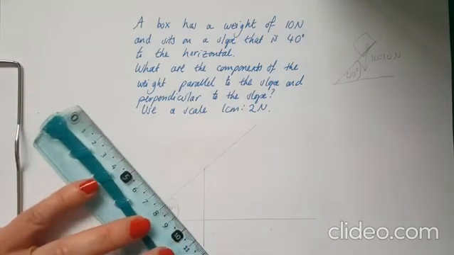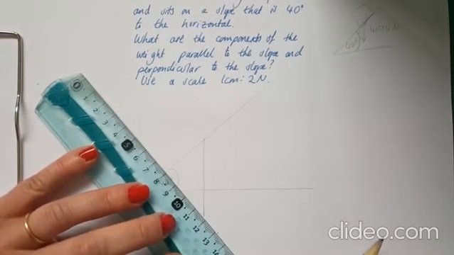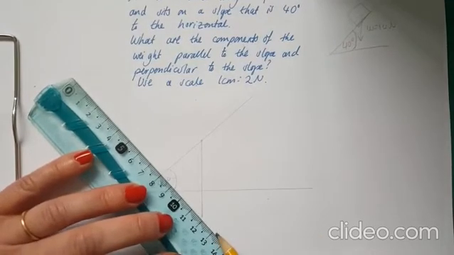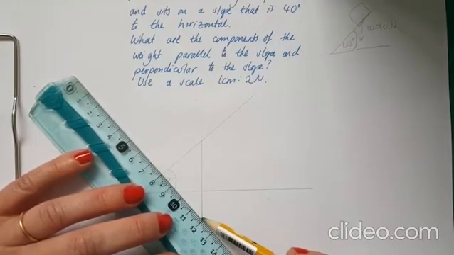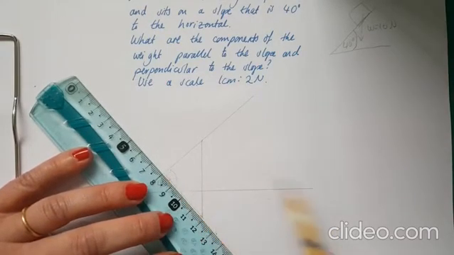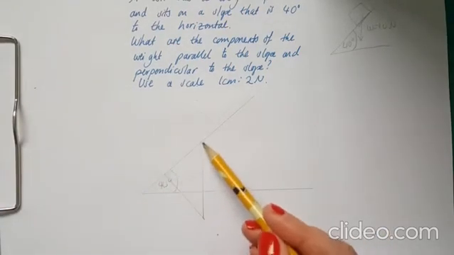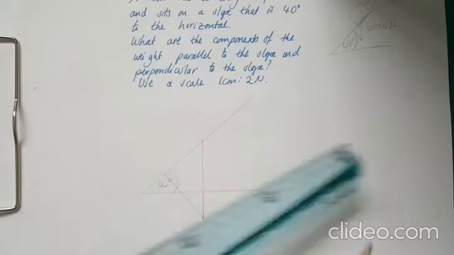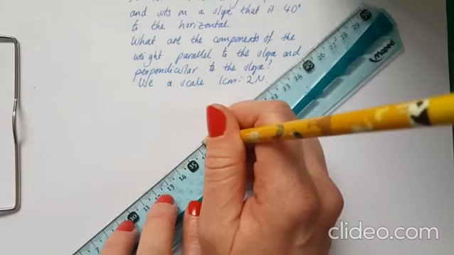I'm then going to use my ruler to draw a line, or line it up to start with that dot that I've created. Can't see it. There it is. The dot that I created there, and the end of my weight vector. Okay. Now this line here, that is now the parallel component of the weight, and I'm going to draw that in a slightly thicker pencil so I can see that.